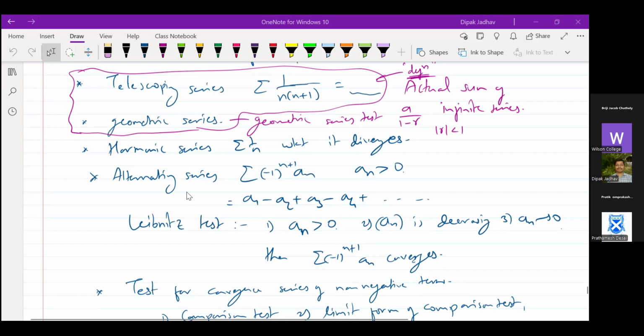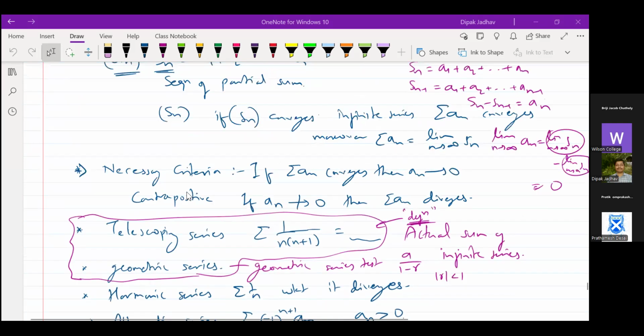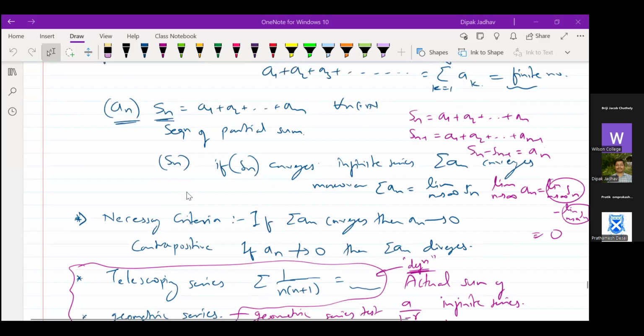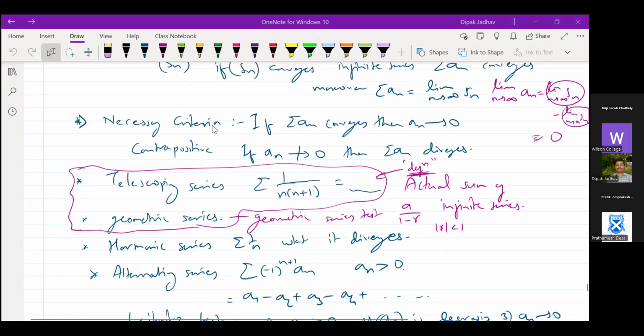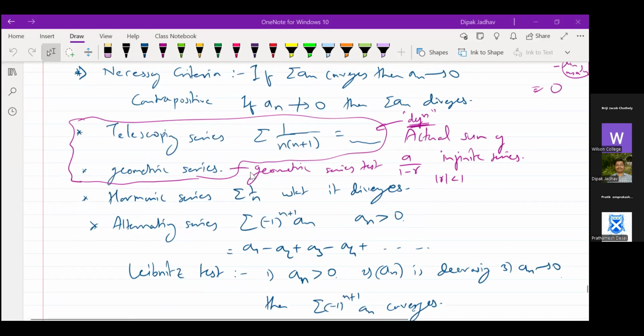Okay, so last time we recalled some results on infinite series. Let us have a quick glance. Necessary criteria for the convergence of infinite series, telescoping series, geometric series, and the geometric series test.